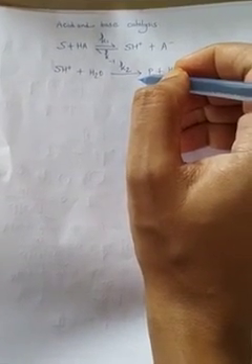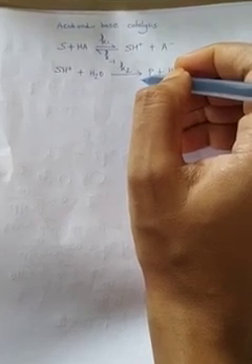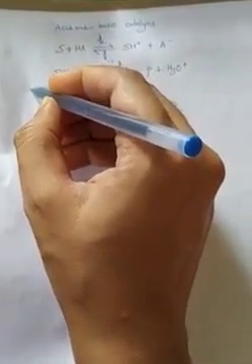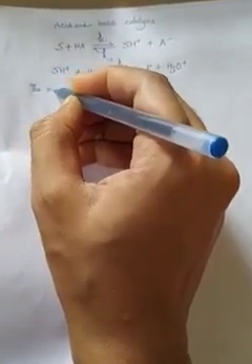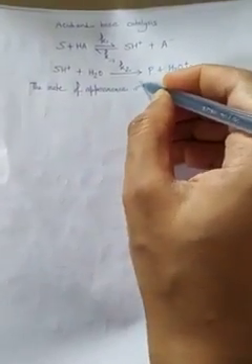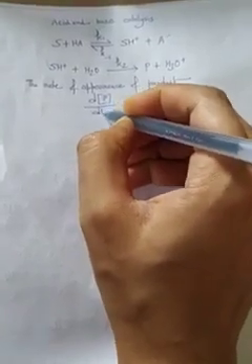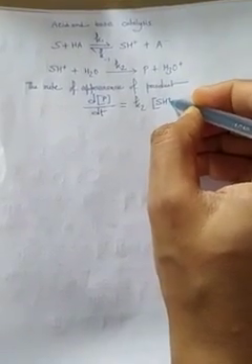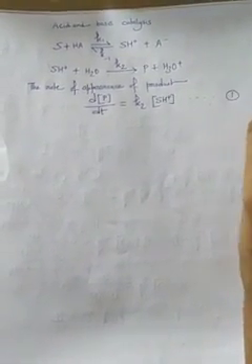Now the rate of appearance of the product with respect to time can be written as K2 into SH plus, right? This is equation number 1.